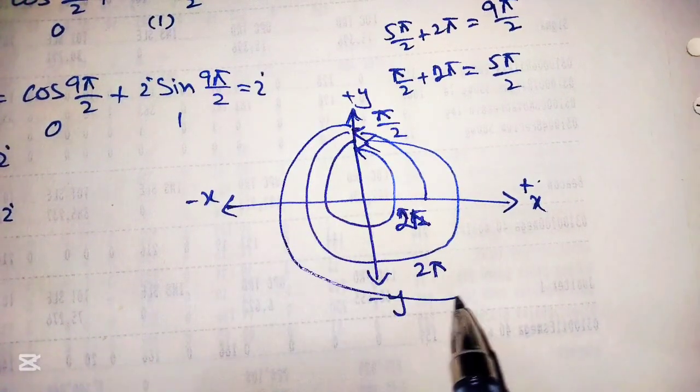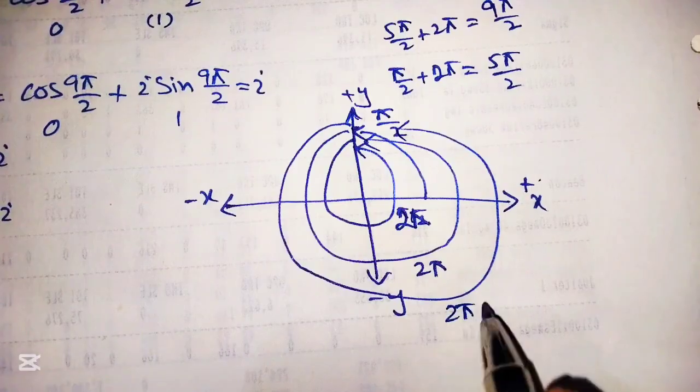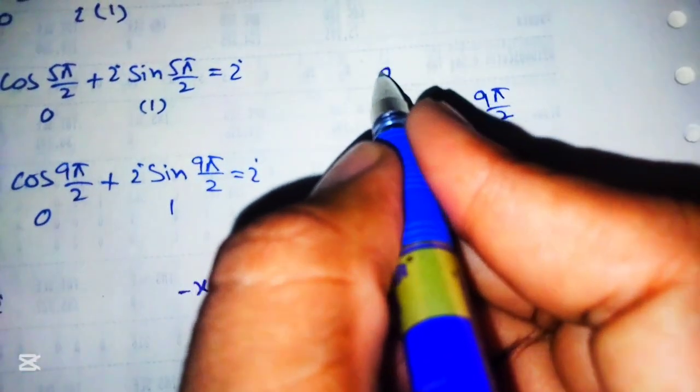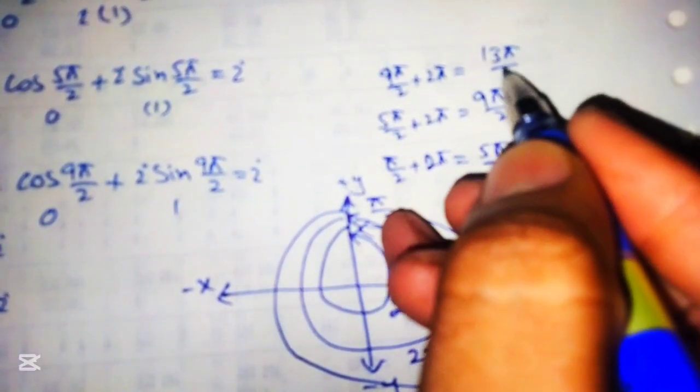For another cycle, we add 2 pi again, so this angle now becomes 9 pi by 2 plus 2 pi, which is equal to 13 pi by 2.